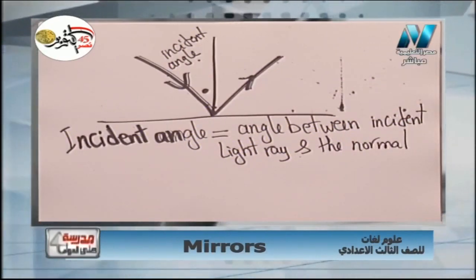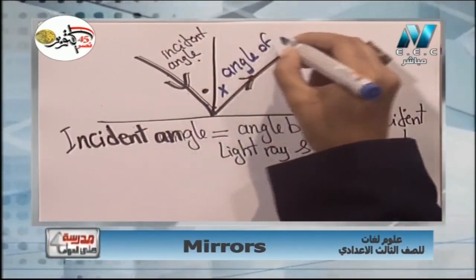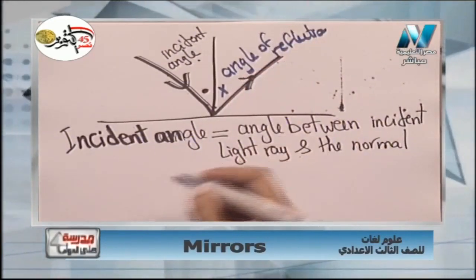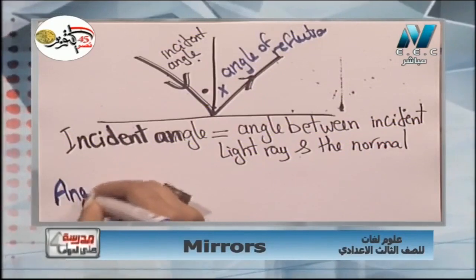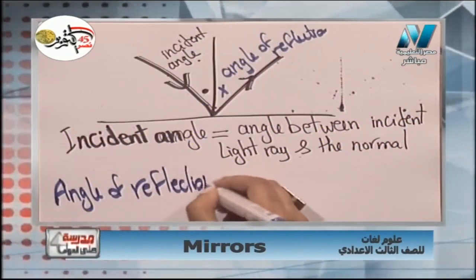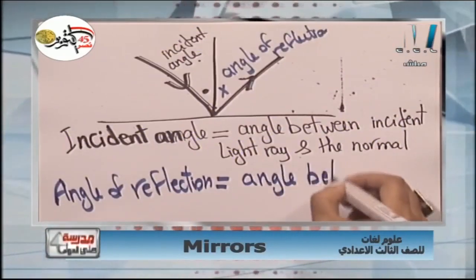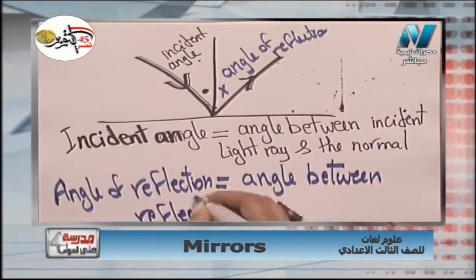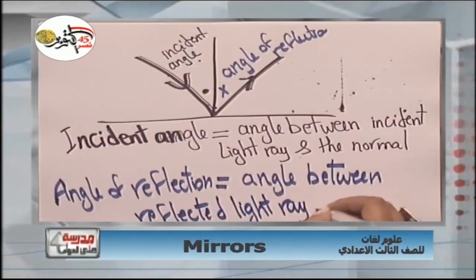What about the angle of reflection? This one, let's define it. Angle of reflection. It is the angle between the reflected ray and the normal.